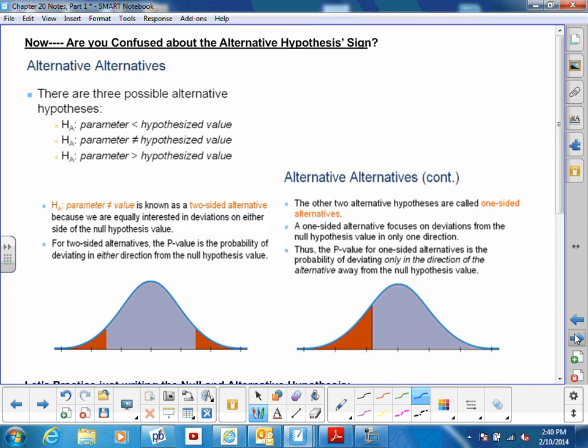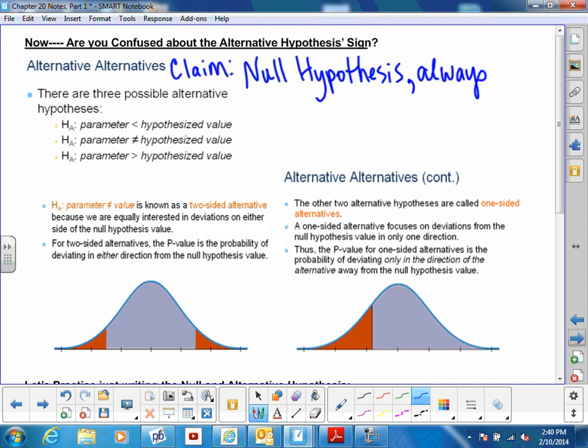Okay, so first off, the null hypothesis is your claim. The claim that is made is called a null hypothesis. It is always an equal to statement.